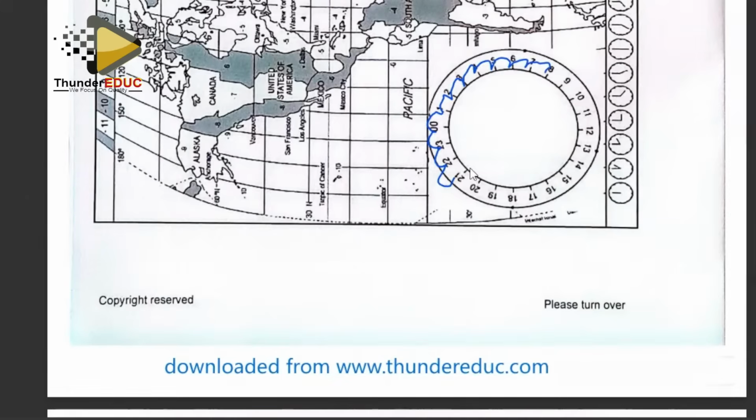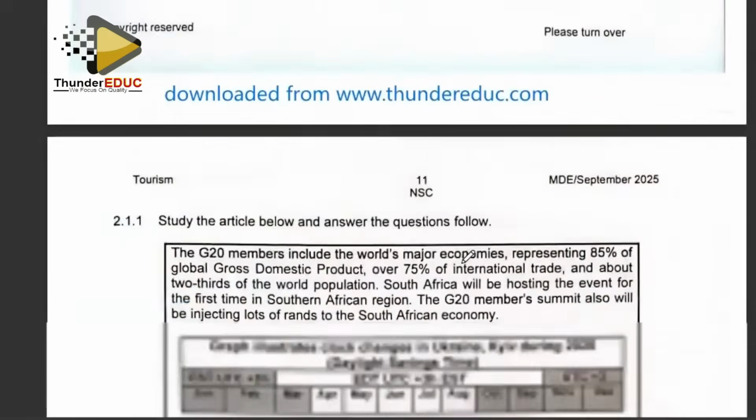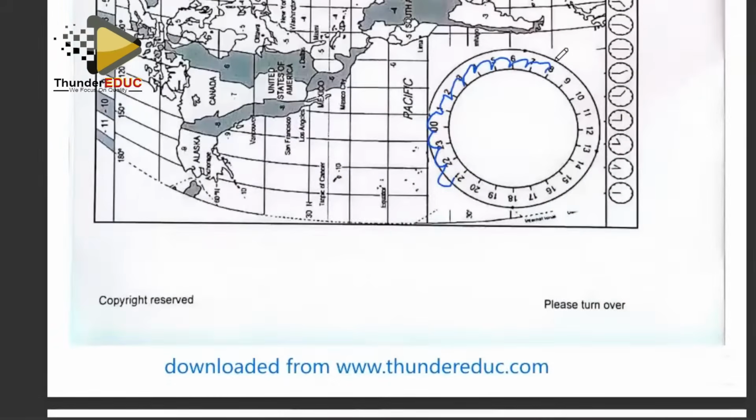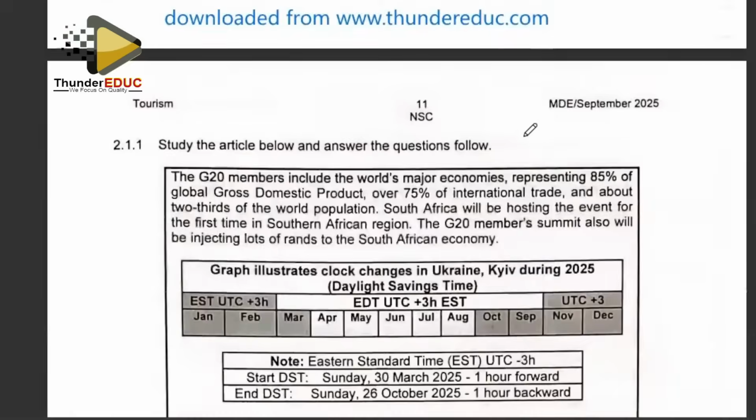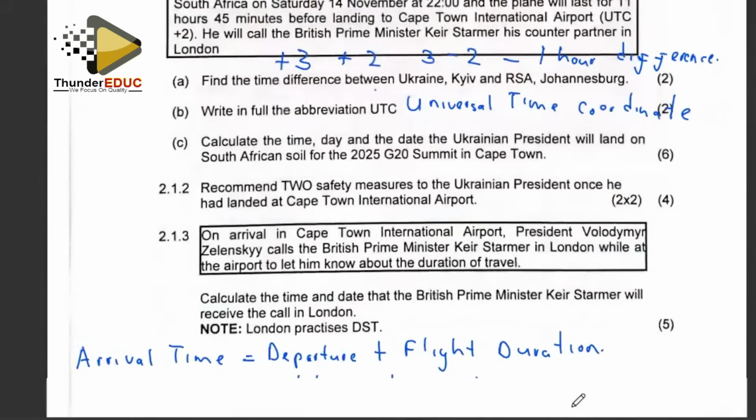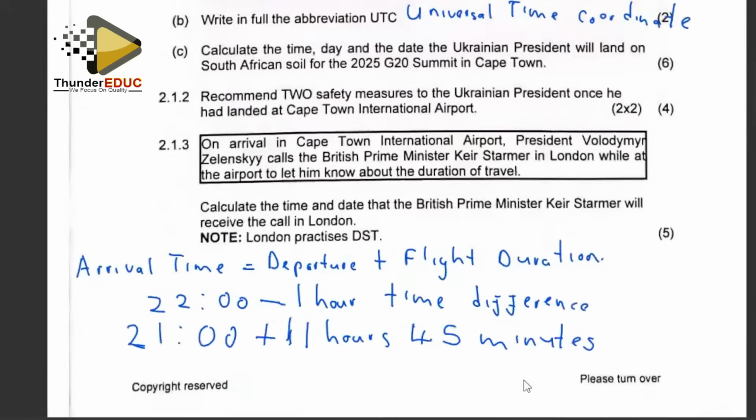That gives us 8. It means he arrived at 8. Then we also add the 45 minutes, 08:45.